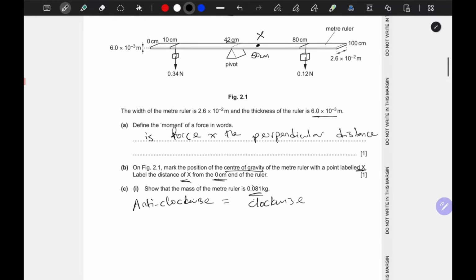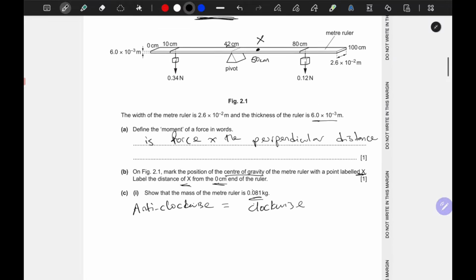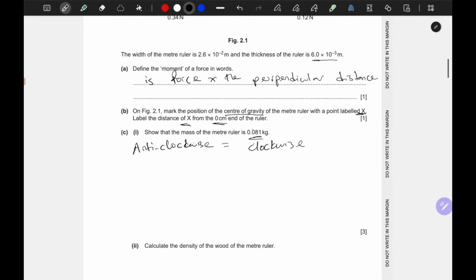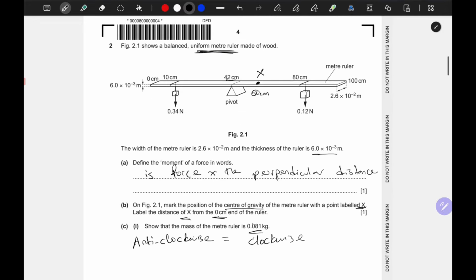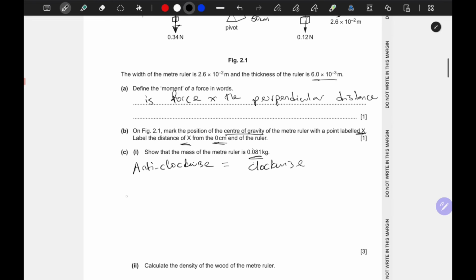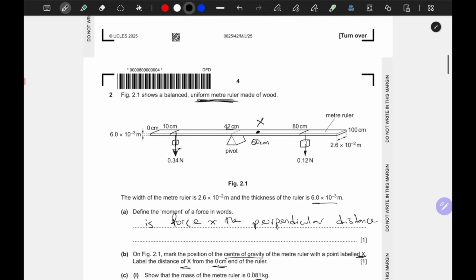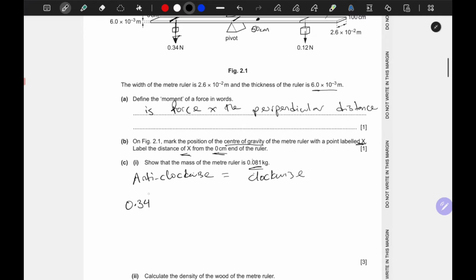So since we know that, let's calculate all the anti-clockwise moments. This one is anti-clockwise, 0.34 newtons. Okay, so 0.34, and the distance from the pivot is going to be, it's at 10 centimeters, pivot is at 42, so 42 minus 10, that's 32.